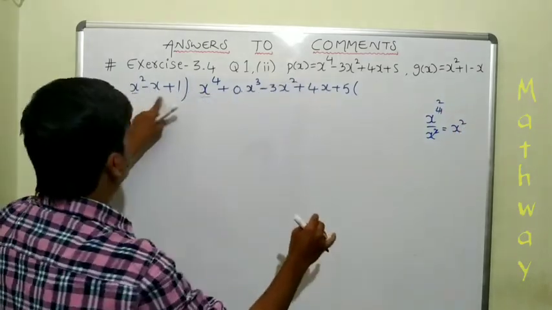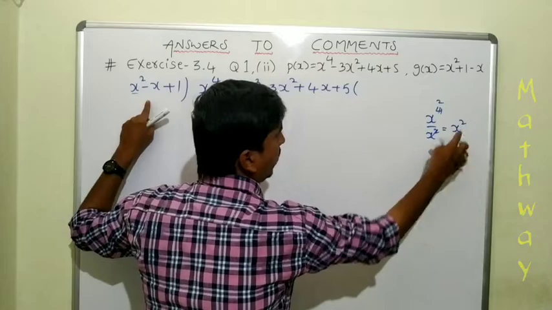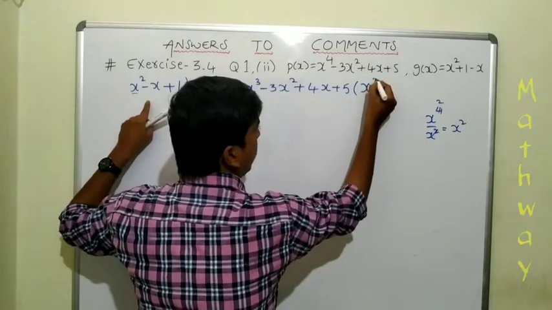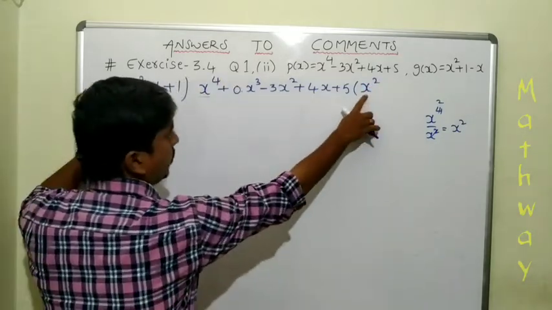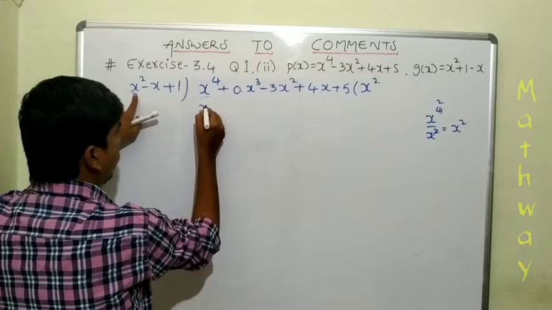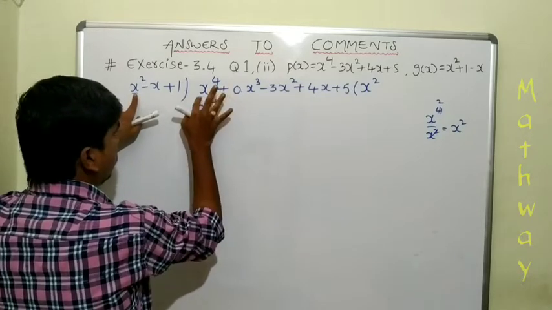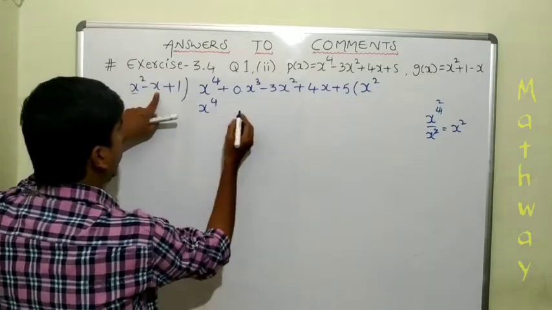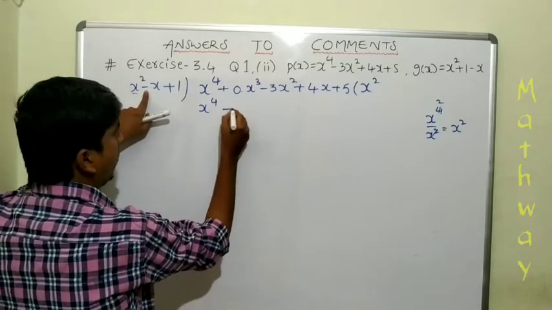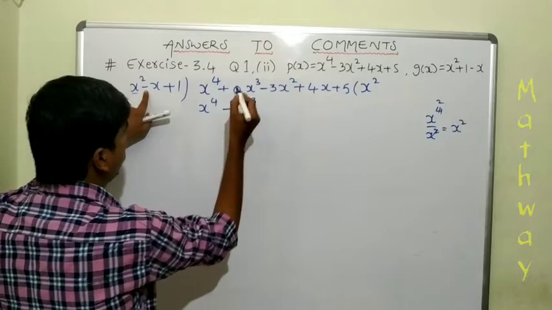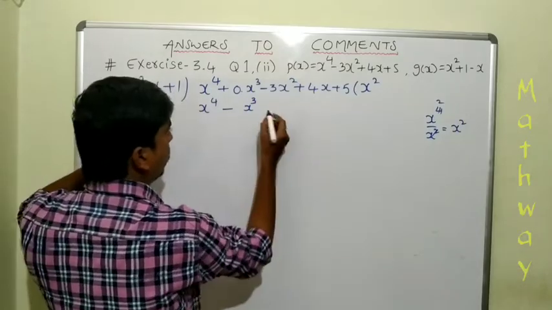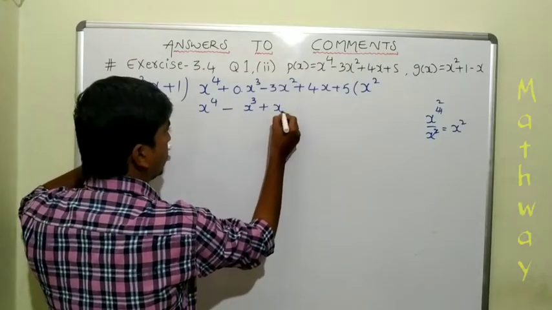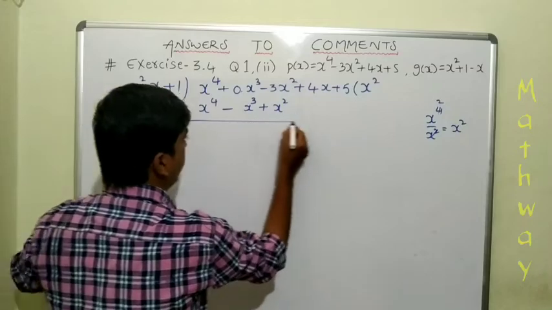Multiply the divisor with x square. x square into x square is x power 4, x square into minus x is minus x cube, then x square into 1 is plus x square.